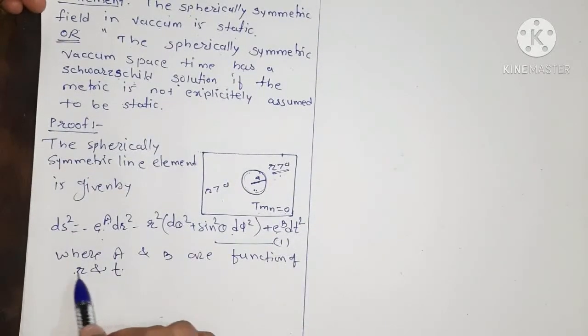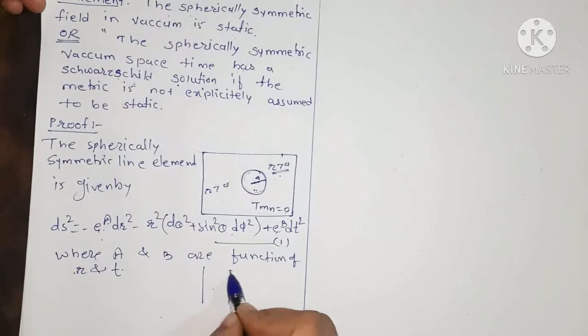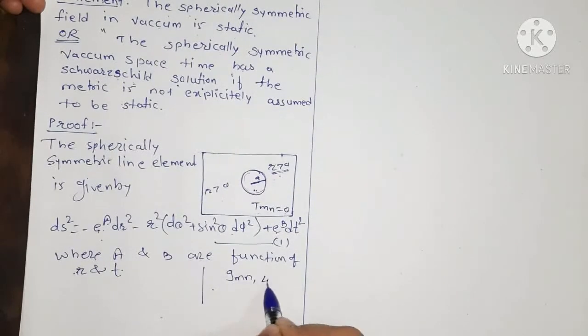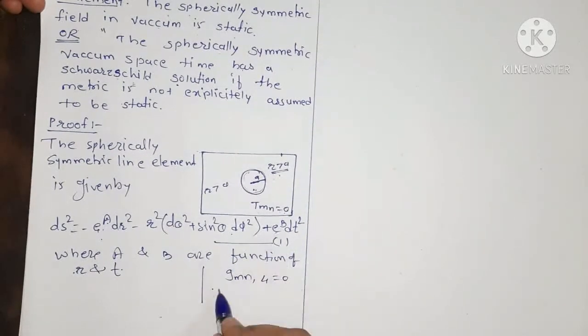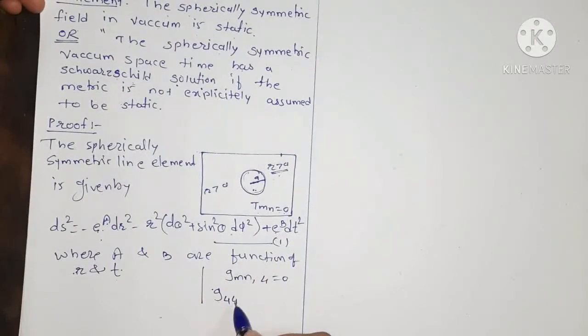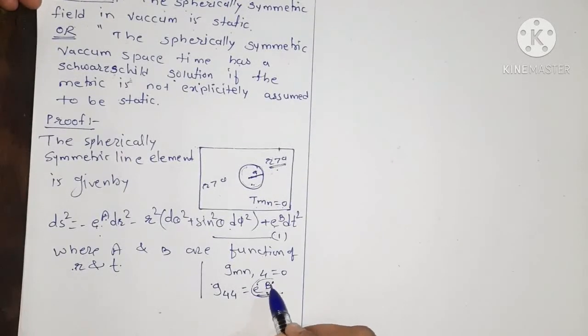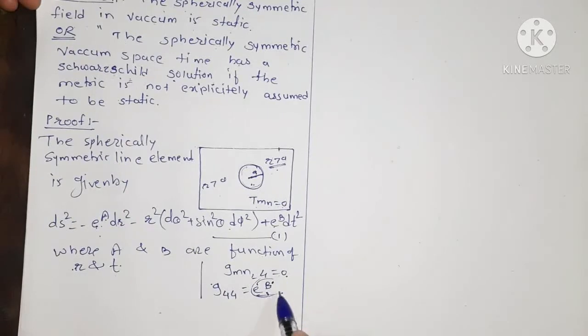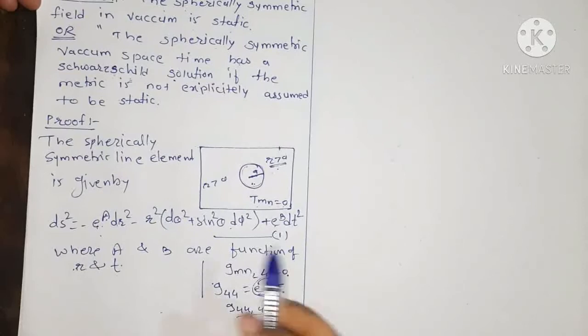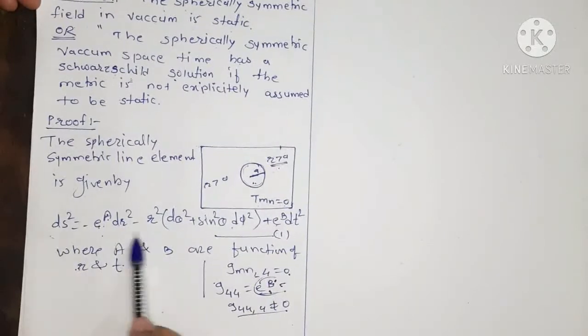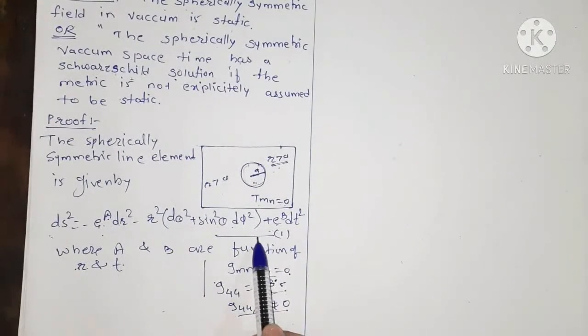Static means g_mn,4 equals 0. But now g_44 equals e to the power b, which is a time dependent quantity because b is time dependent. Therefore g_44,4 is not equal to 0, and hence our line element is not static.